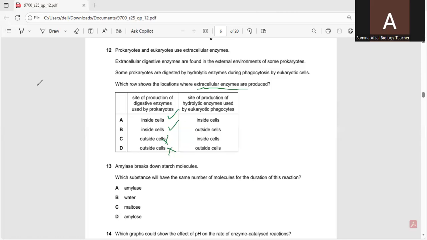So the digestion of the engulfed material occurs inside the cell within the vesicles. If the digestion is occurring inside the cell, the enzymes will also be produced inside the cell. So we will go with inside the cell. All other options are not correct. Only A is the correct option.